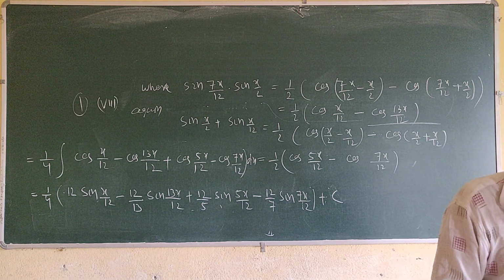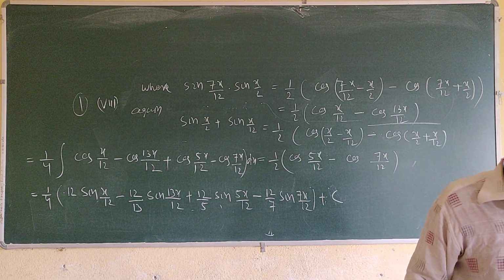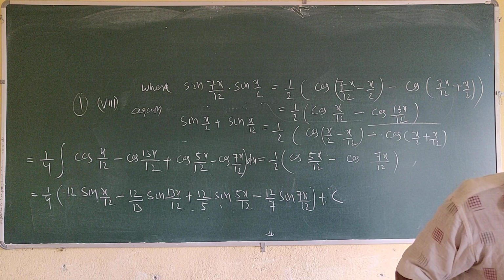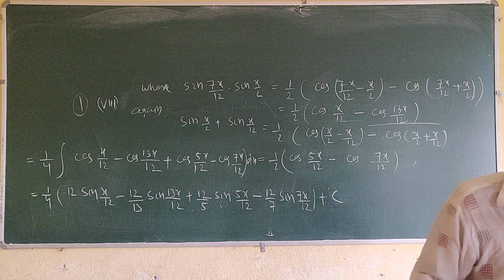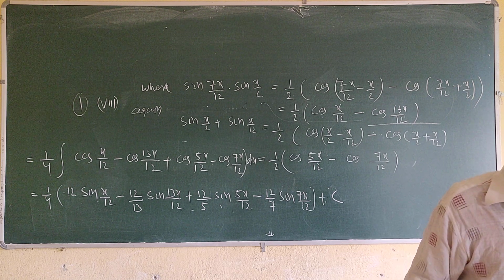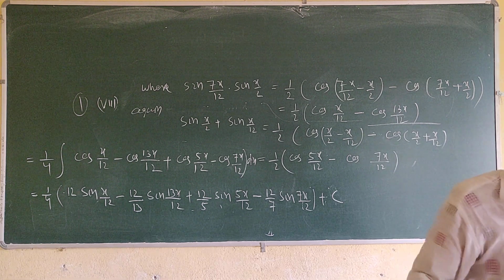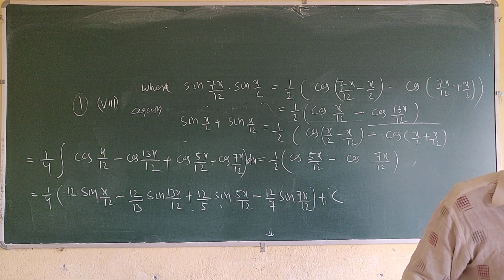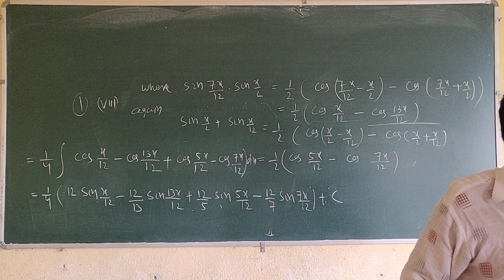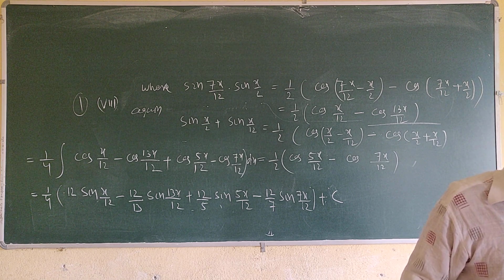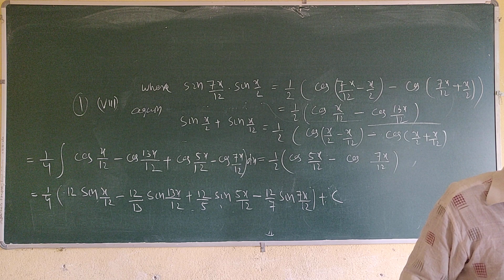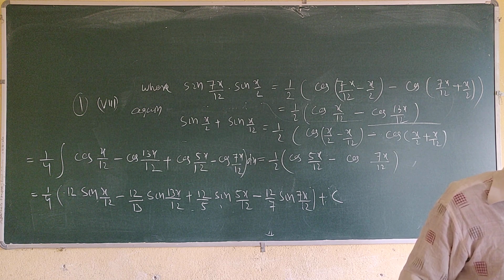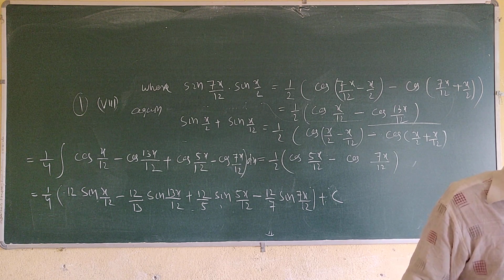Now I am going to number 2. In number 2 I am discussing cos square x, some even powers and some odd powers of sine and cos. If you face even powers, then it is very important for your problems, but if odd power, it is easy.